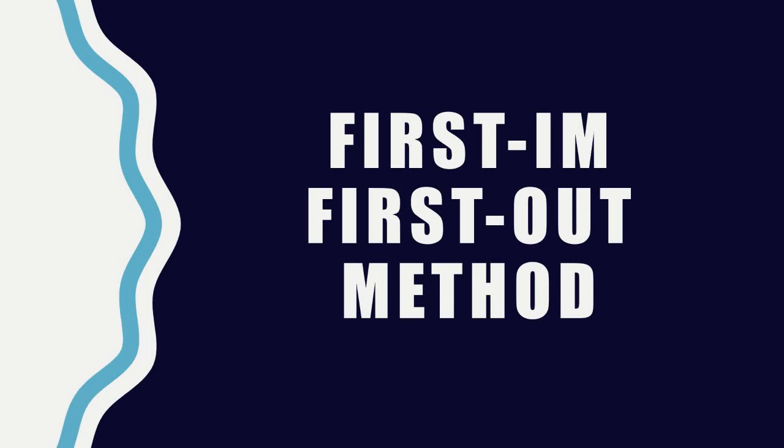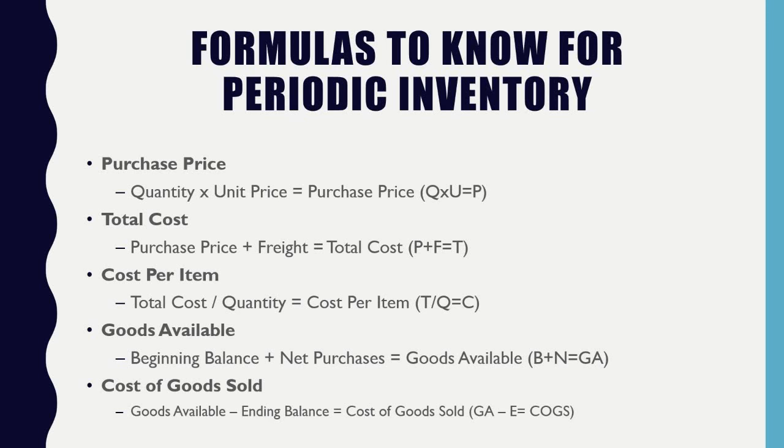All right, first in, first out method. When we're looking at our first in, first out method, there are a few things you should understand as far as formulas that you have to memorize, or they're easy to understand, especially when you're dealing with inventory, right? The first one is purchase price, which we have calculated before. It's your quantity times your unit price, okay?